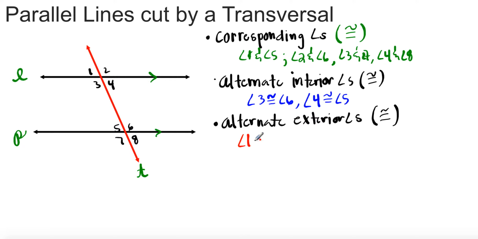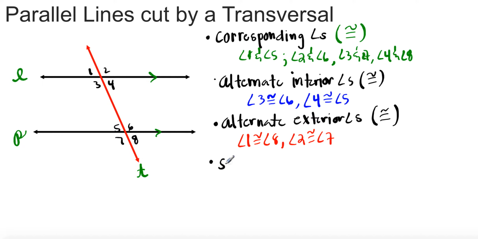So angle 1 is congruent to angle 8, and angle 2 is congruent to angle 7. Those are really common, as well as the vertical angles, and I do want to mention two more.